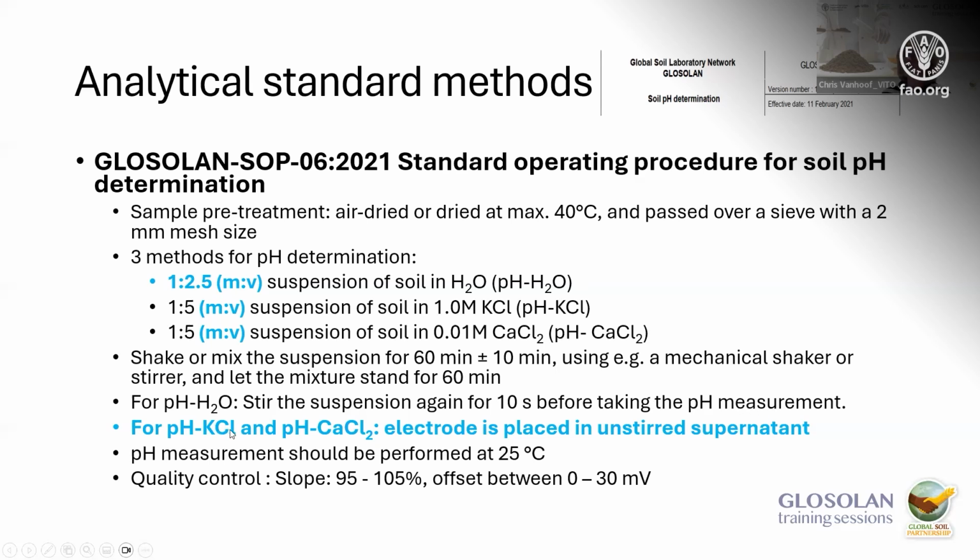For the pH potassium chloride and calcium chloride, the electrode is placed in the unstirred supernatant. So there are some differences in whether you stir before the pH measurement or not. Important is that you have a good equilibrium and that the measurement is stable over time. Also here the measurements are performed at room temperature, and this SOP also contains some quality controls that are generally applied.